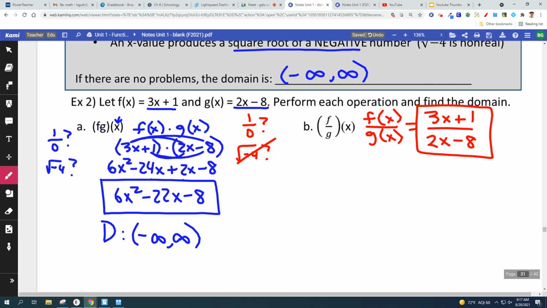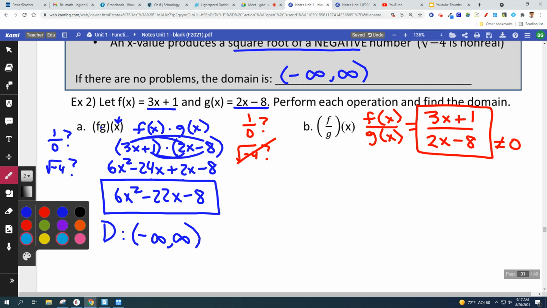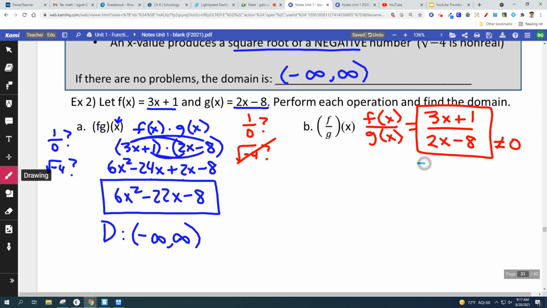All right, and so essentially what you want to look at is that bottom and just say that bottom's not allowed to equal 0. That bottom is not allowed to equal 0. So let's just say, well, 2x minus 8 is not allowed to equal 0 because that's going to mess up my fraction. So solve that equation.